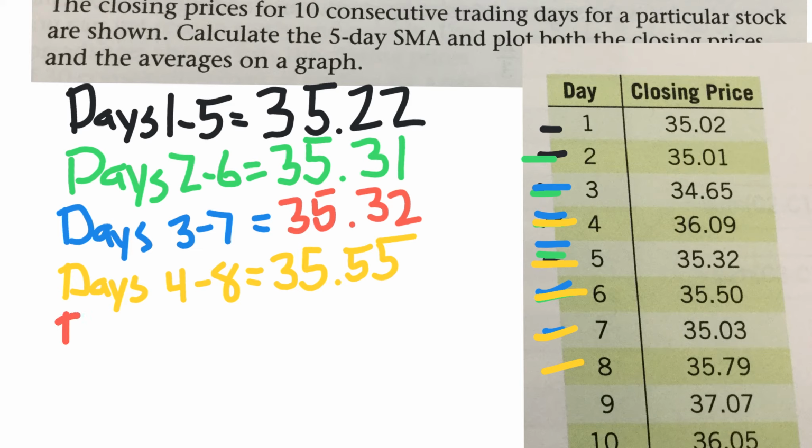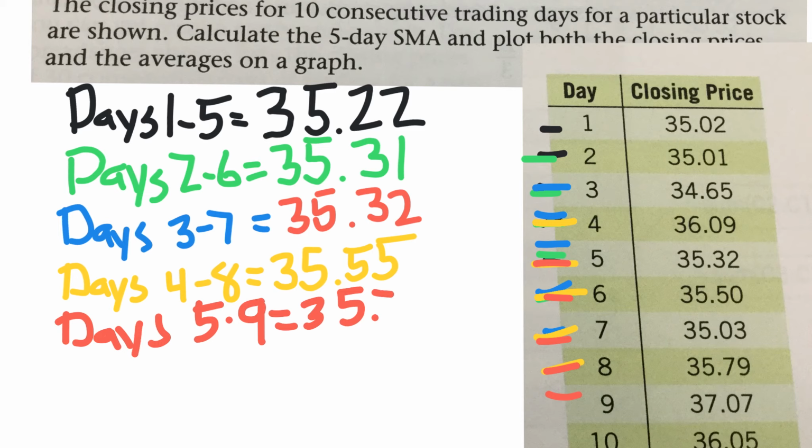Days 5 through 9, that one should give you 35.74. And then days 5 through 10 should be 35.89.